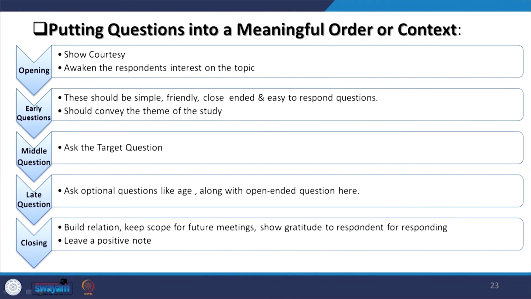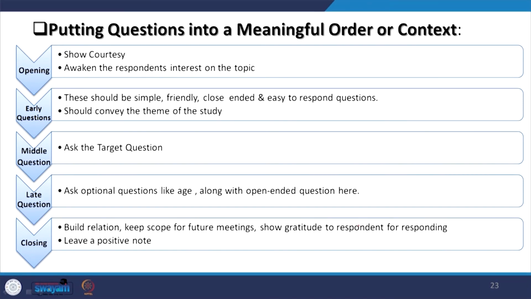Now, after convincing and making the respondent comfortable about your survey, then you ask the target questions. Then late questions ask the optional questions like age, along with open ended questions here. Then the respondent might now be comfortable in describing his or her thoughts regarding your survey.